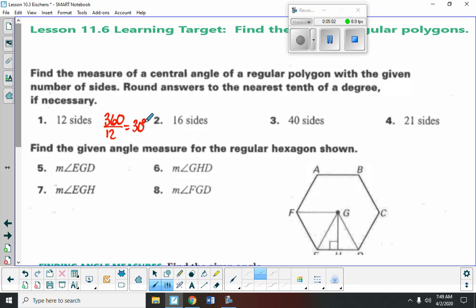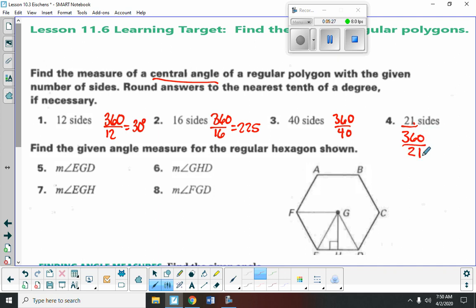In the next example, if we have 16 sides, we take 360 divided by 16, and you'd get 22.5. In the next one, we want the measure of the central angle. You take 360 divided by 40, and then you do 360 divided by 21 for that one, okay?